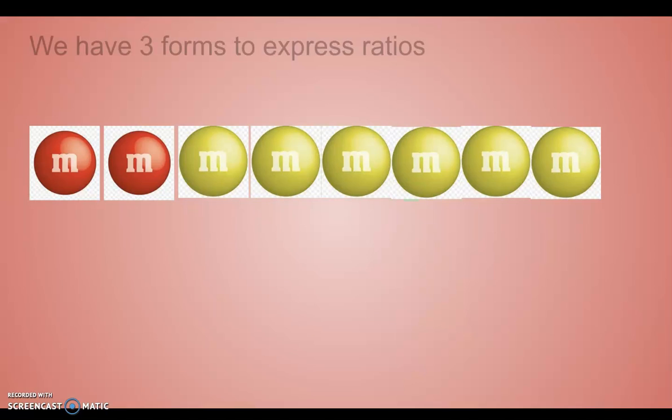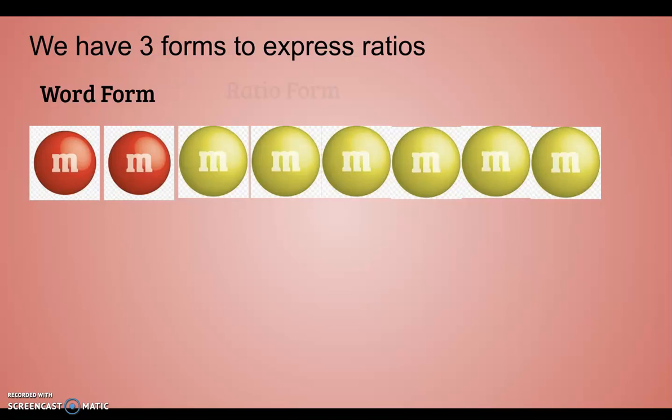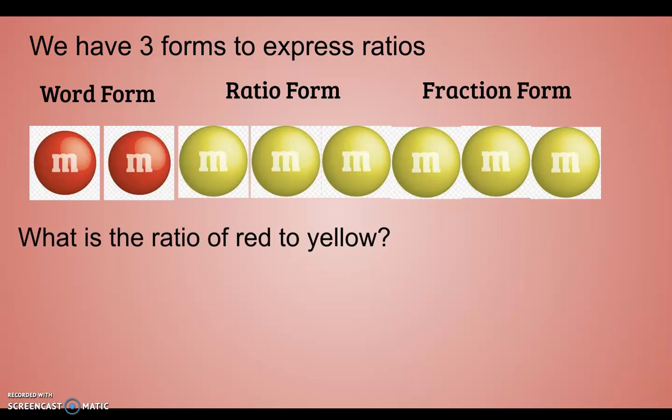Now, if they were to ask you to write this, how would you write this? Well, there are 3 different ways you could write these ratios. You have word form, ratio form, and fraction form. So if you were to compare the ratio of red to yellow, and they tell you to write it in word form, all you need to do is give me a short sentence, as short as 2 to 6.